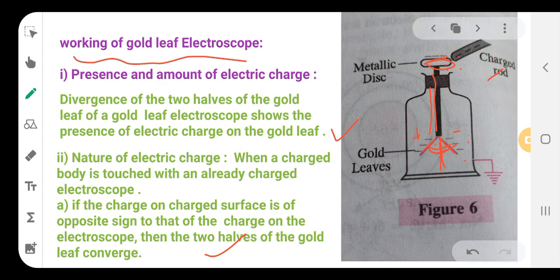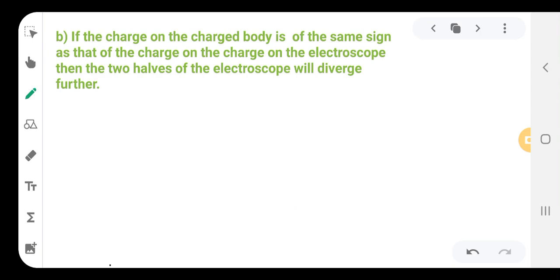But if they are like charges, negative and negative or positive and positive, then they diverge. So this is how we can determine the presence and nature of electric charge by using a gold leaf electroscope.